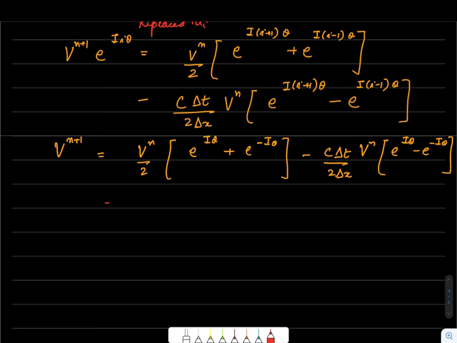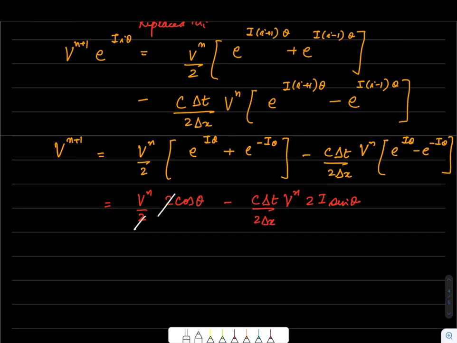Now what will we get? We'll get this as Vn by 2, e i theta plus e minus i theta is actually 2 cosine theta. So we get 2 cosine theta here minus c delta t by 2 delta x Vn, and this will be 2i sine theta. So let's cancel out some common factors here.